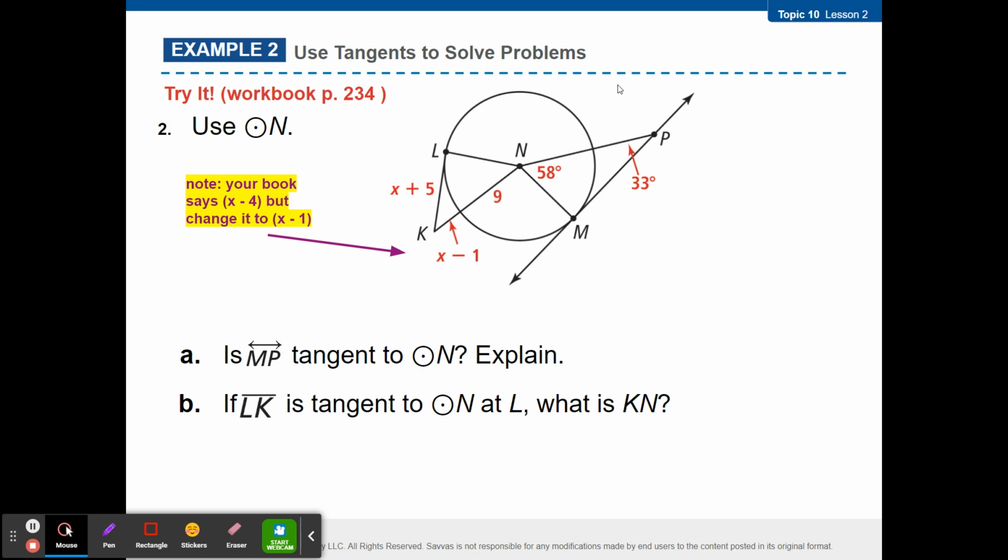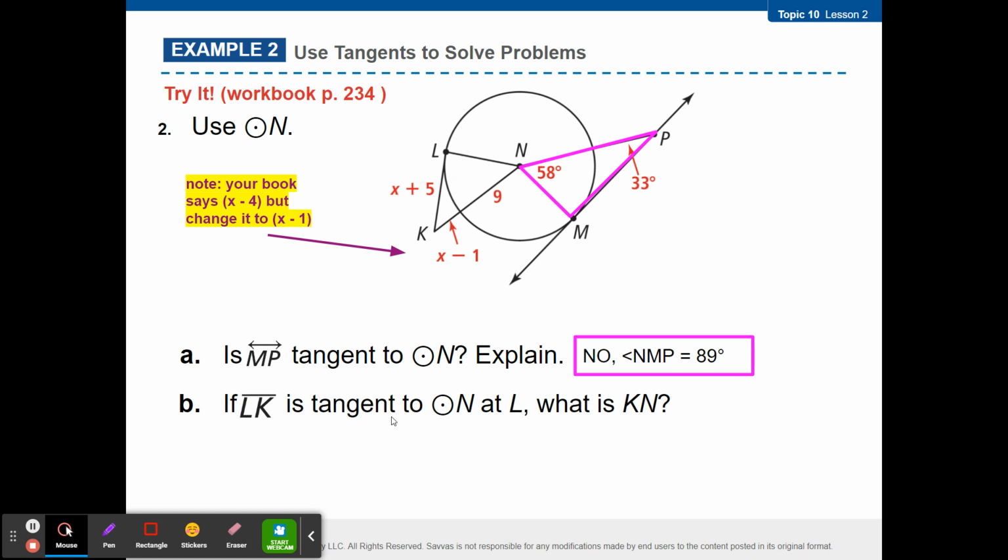What do we got? That one should take us maybe a minute. Tony? What's the measure of this angle right here? It's 89. So no, it can't be, because the measure of NMP is 89 degrees. It has to be 90 for that to work.